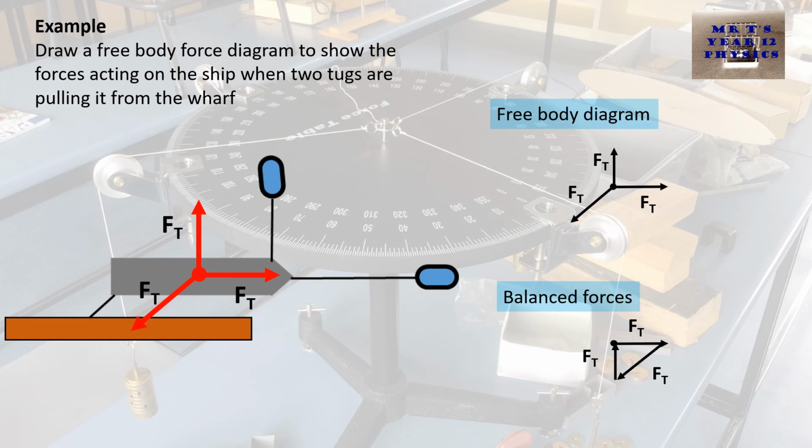This is how we draw them, and any time that this object is balanced, all of those forces should follow and make a perfect triangle. Well, if there's more than three forces, it's not going to be a triangle, but they will go tip to tail and end up at the same place that they started.